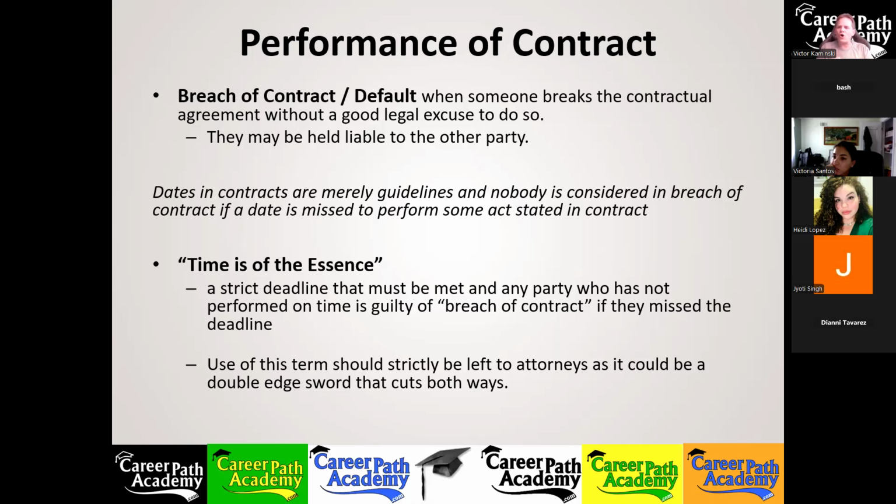Otherwise, the contract will automatically be killed. Keep in mind, it's a strict deadline. And if that deadline comes and they still did not produce the mortgage commitment letter by then, the deal is dead. Put the property back on the market. No further things need to be said.